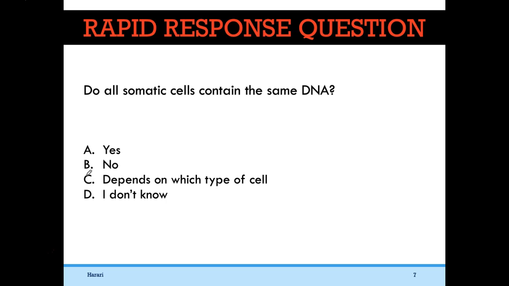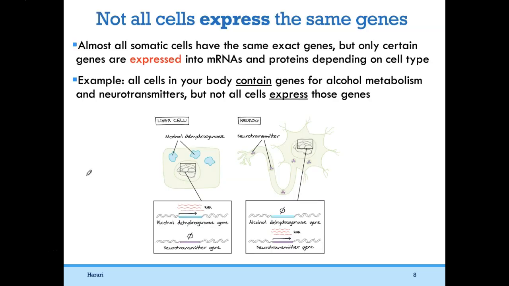Every one of the 20,000 plus genes of the genome is found in every single cell of your body. So almost all somatic cells have the same exact genes, but only certain genes are expressed into mRNAs and proteins. And that's depending on the type of cell.